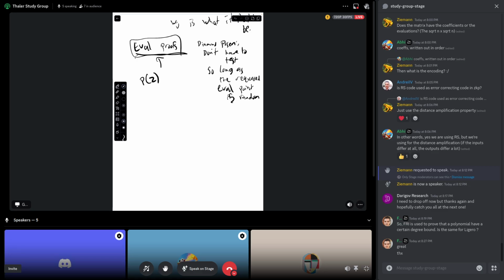Then remember I said P of Z is the same as take the unencoded matrix, multiply it on the right by the first root n powers of Z, up to Z to the root n minus 1, and on the left by powers of Z to the root n.